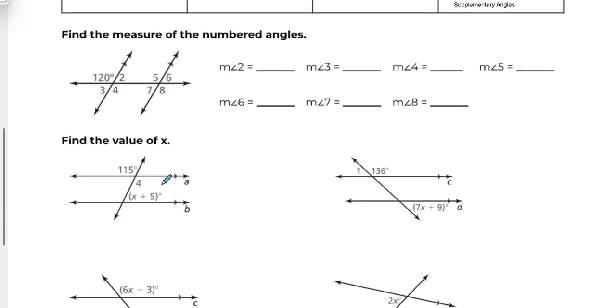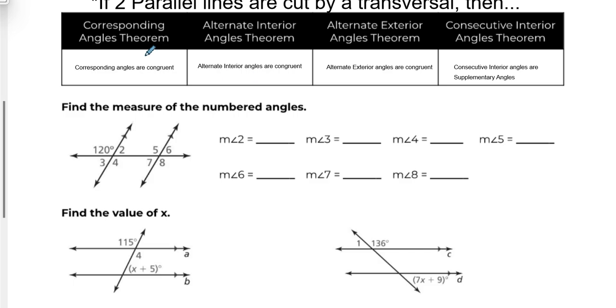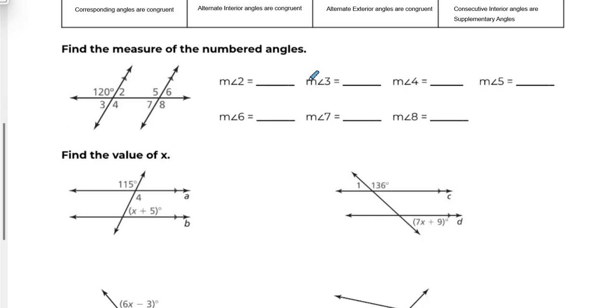Okay, so looking at our picture to the left, anytime you see these little arrows on lines, that denotes that this line and this line are parallel to each other. Because of that, these theorems become true.